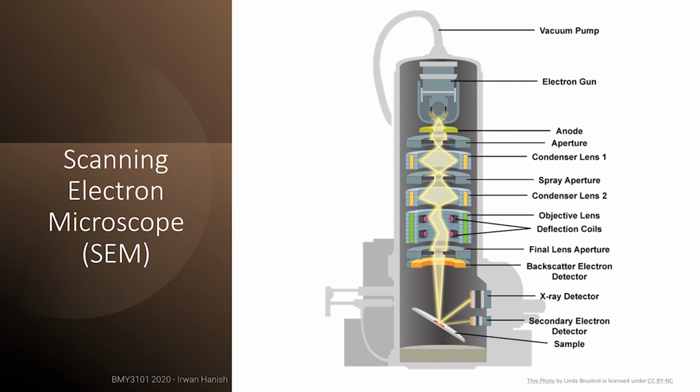So to catch these electrons that come off of the sample, we use 3 different detectors: backscatter electron detector, X-ray detector, and secondary electron detector. The backscatter electron detector catches scattering electrons that diverge from or go off of its original trajectories.